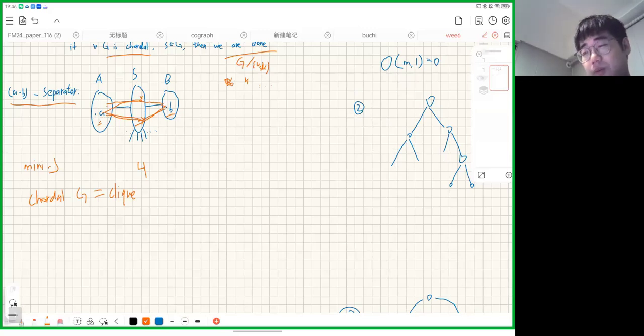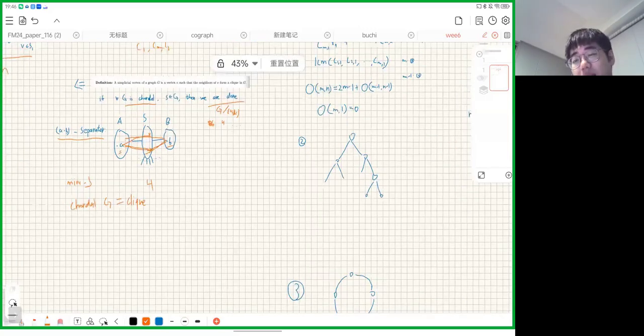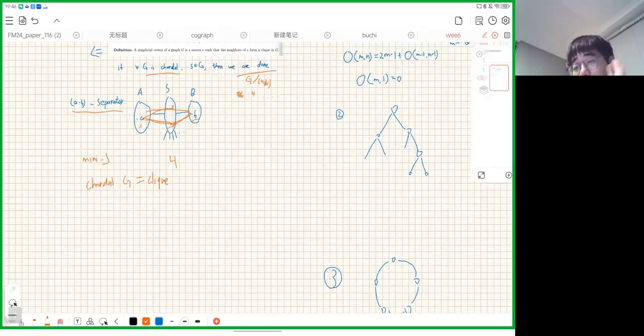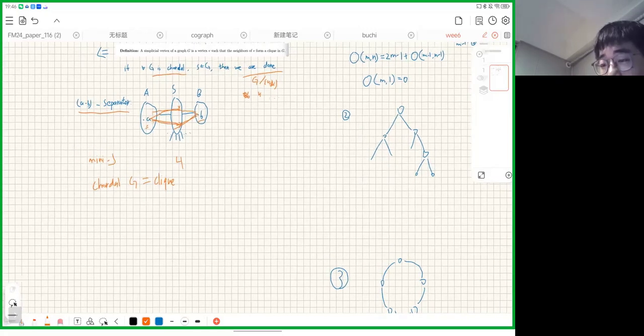Then what can we do? With this idea, we can prove that there is always a simplicial vertex in a chordal graph. And to be honest, we can prove a stronger statement.